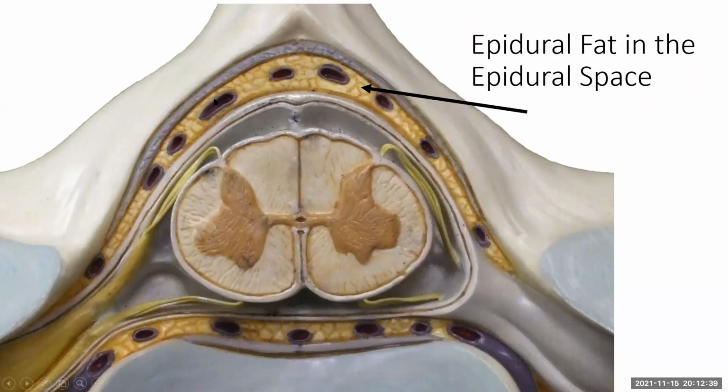You can see tons of blood vessels here in our model. So if we bring a needle in and inject anesthesia into this area, it's going to be quickly absorbed and distributed all throughout. It's a wonderful place to get a good numbing effect for patients. So this is the area where we're going to give our epidural injection. Let's go deeper.